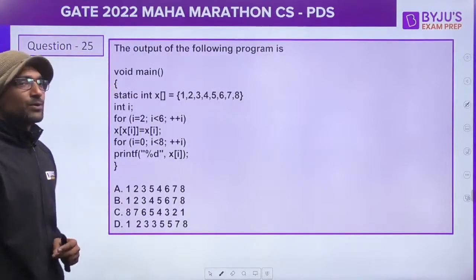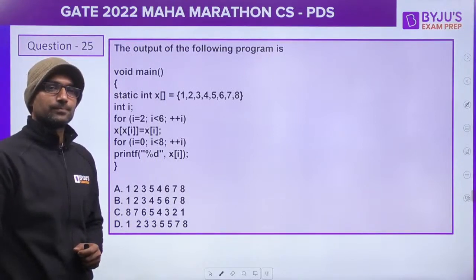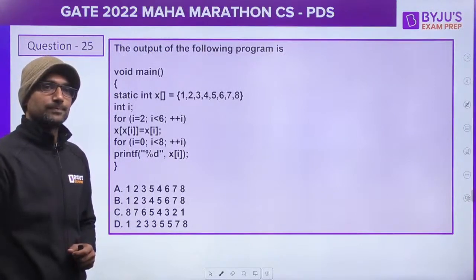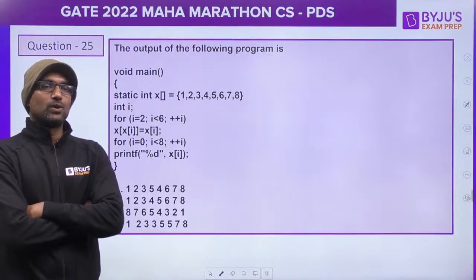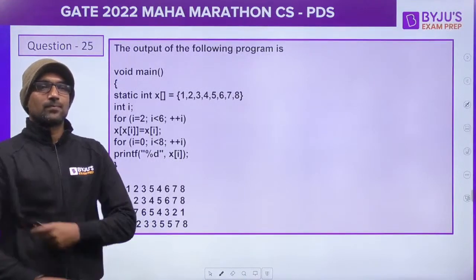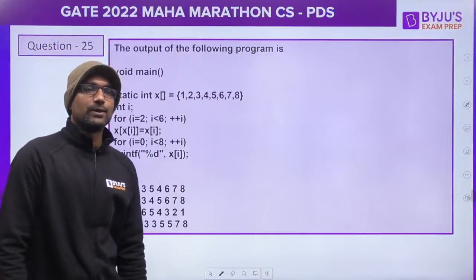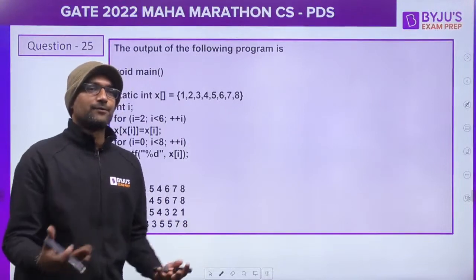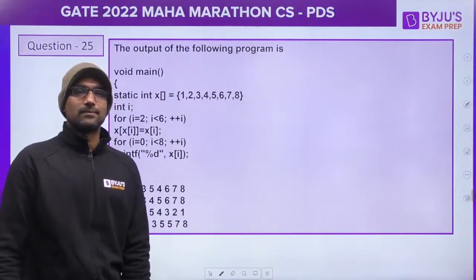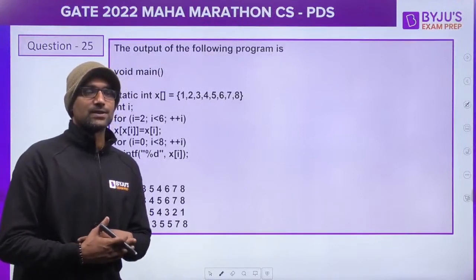What would be the output of this program? Unnati, we will take this till 4:30, or we will try to do it maybe till 5 also. Let's see. Guys, if the count keeps decreasing like this, it's really demotivating. So keep inviting your friends for the session.